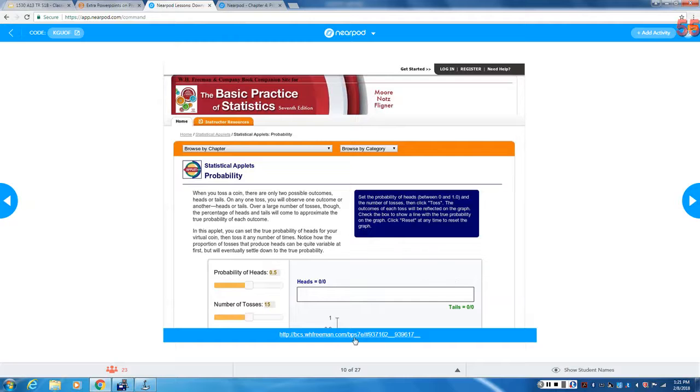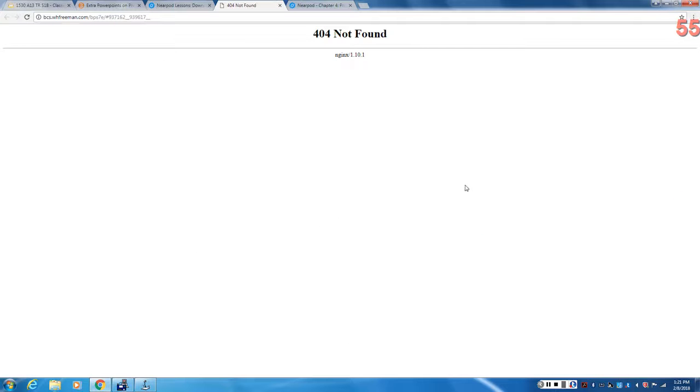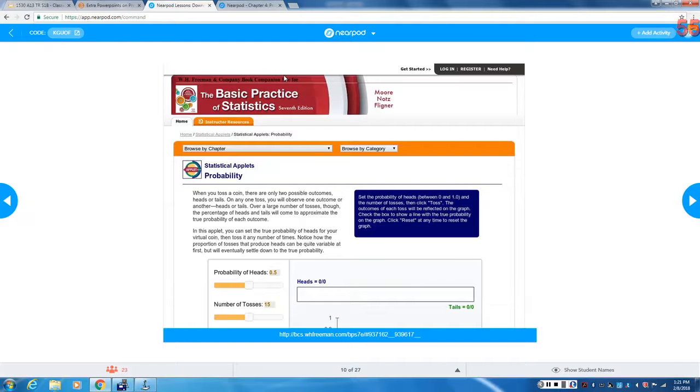I get an error. No, it's not finding that. This was an applet. There's probably other ones out there. Maybe it needs you to log in. Open and reload.